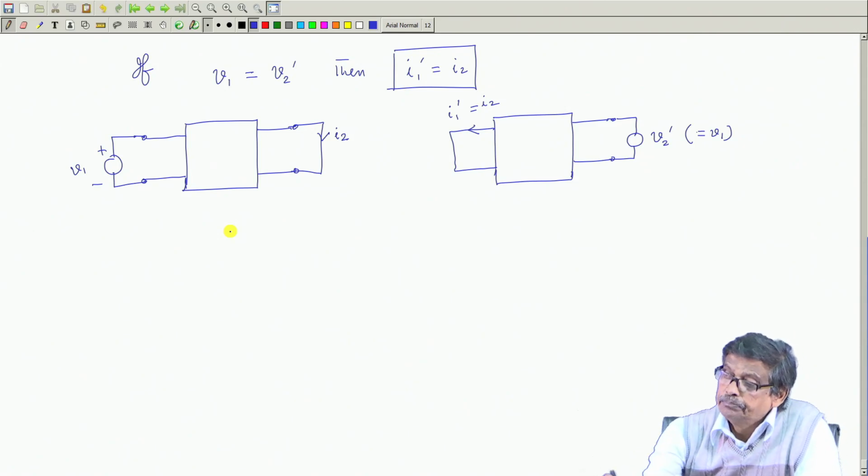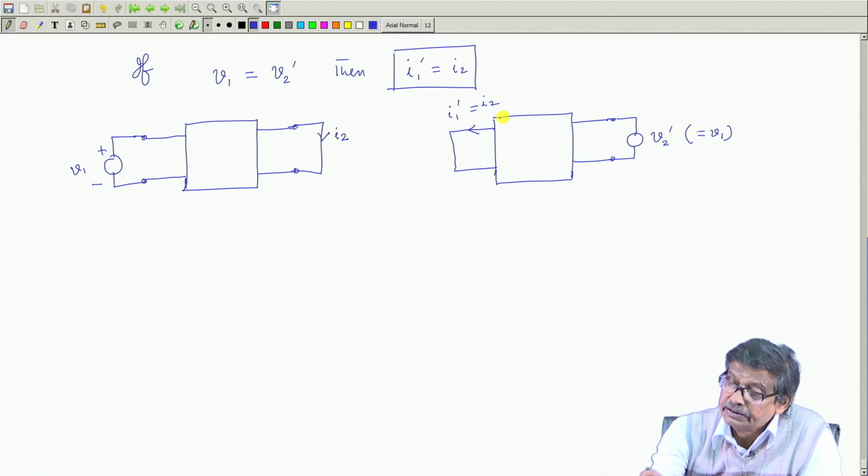In general, this is true if V2 dashed is equal to V1.